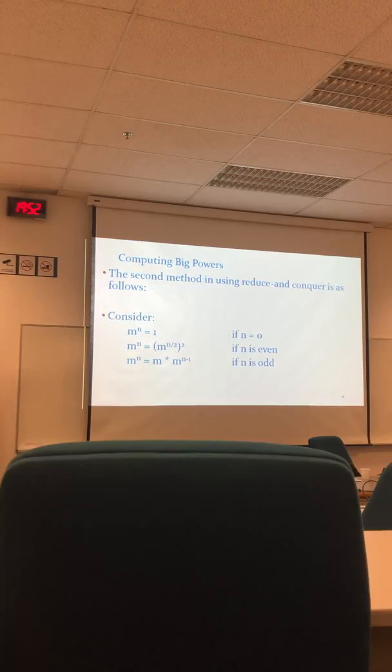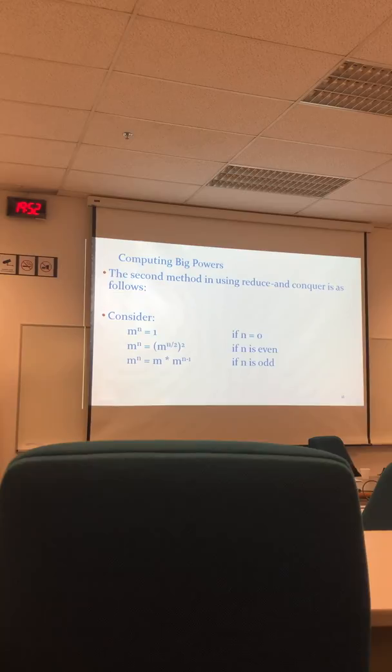Okay, so we can restructure the formula. With n equal to 0, it's still the same. M to the power 0 is still 1, but when n is even, we can compute the value for m to the power n divided by 2. Then take the square of that. That will be m to the power n.